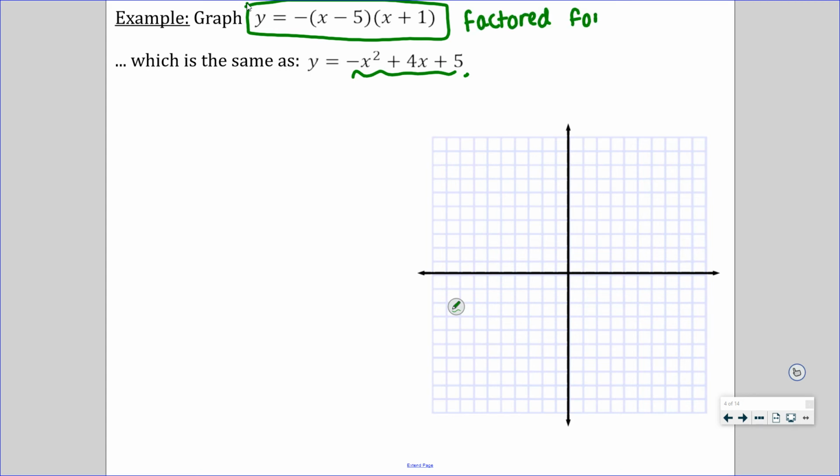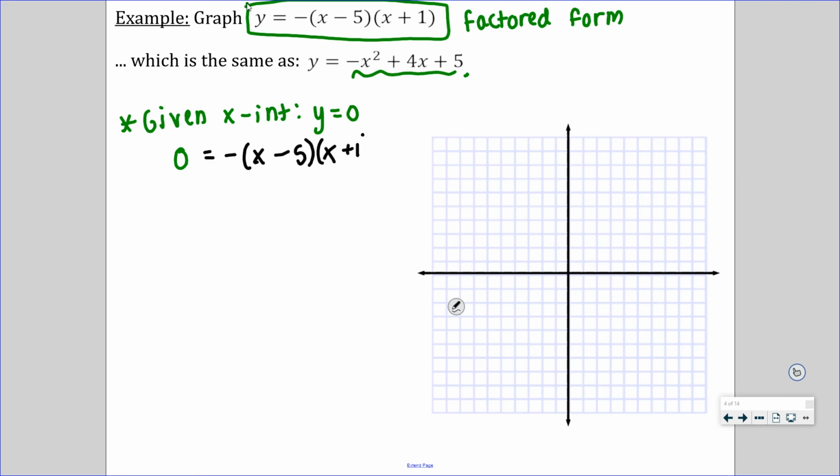In factored form, I'm given, technically, the x-intercepts. Because the x-intercepts are when y equals 0, right? So let's plug in 0 here. It's already factored for us. This negative 1 out in front doesn't do anything. I can divide both sides by negative 1 if I wanted to.